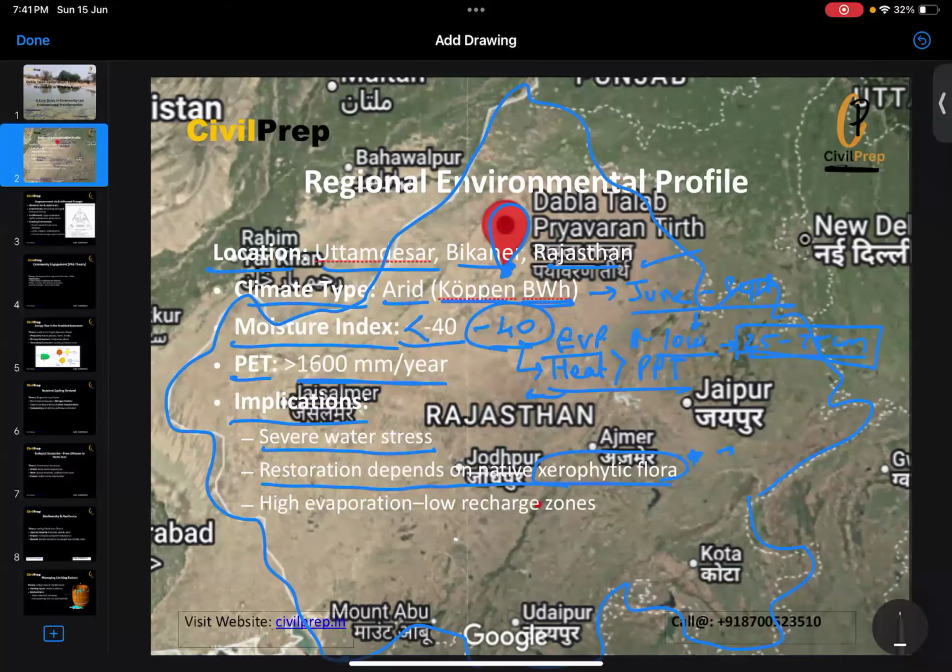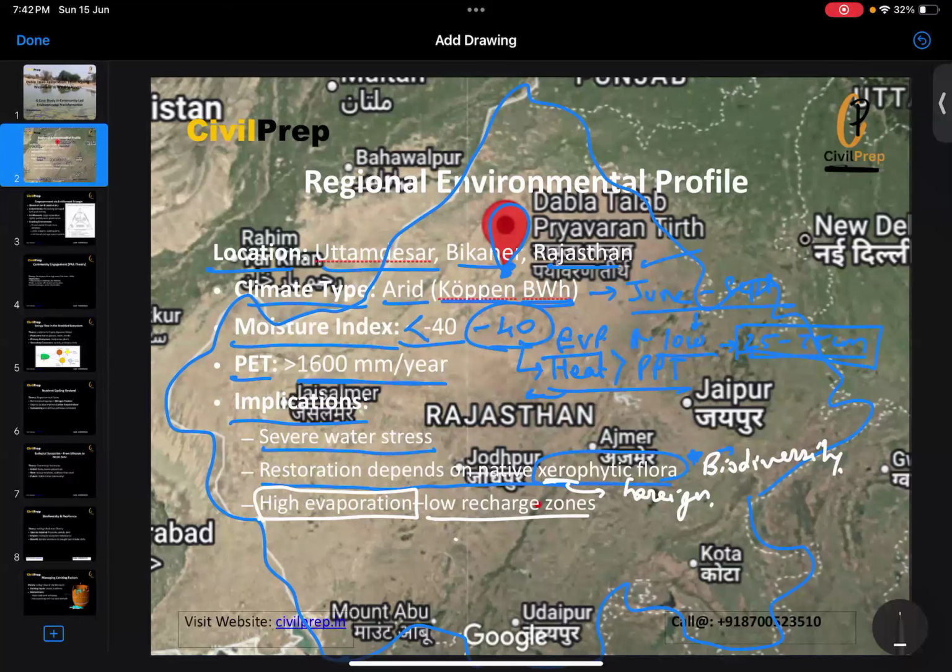Xerophytic means they are more arid, desert-type biodiversity. Now very high evaporation is present here, which is resulting in low recharge of water. Because of these climatic conditions, the northwestern part of Rajasthan, or the western part of Rajasthan completely, is desert in the contemporary time.